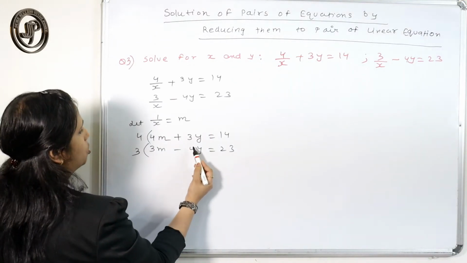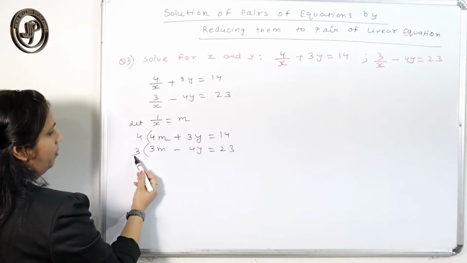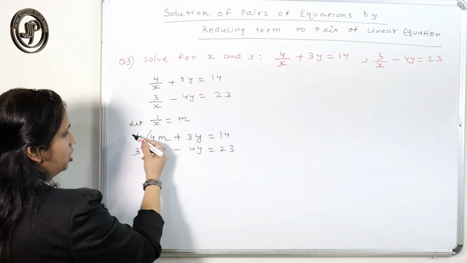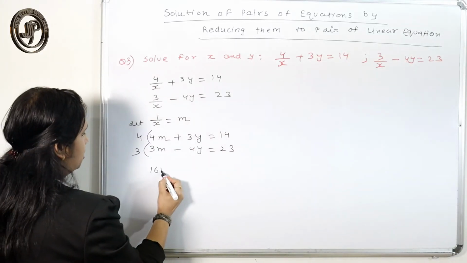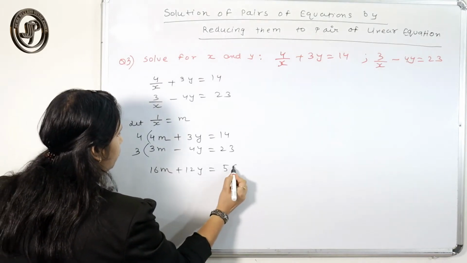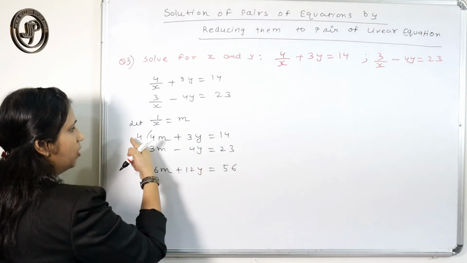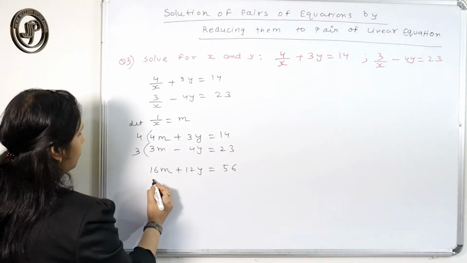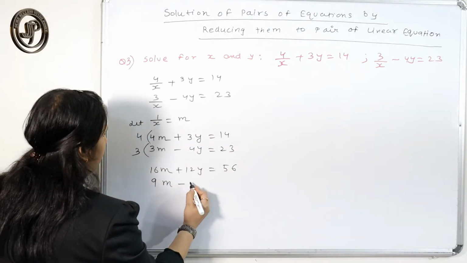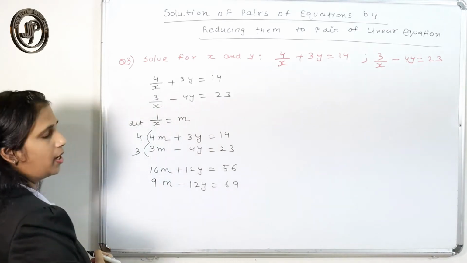So I am going to multiply this 4 with this equation, and this 3 with this equation. Just opposite. So it is 16m plus 12y is equal to 56. 14 into 4. Don't forget to multiply 14 with this. 9m minus 12y is equal to 69.